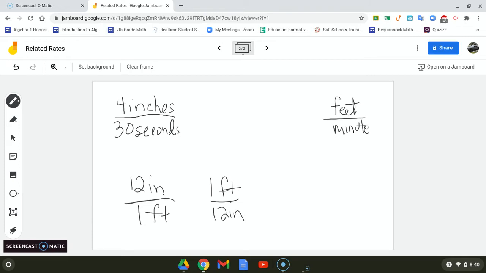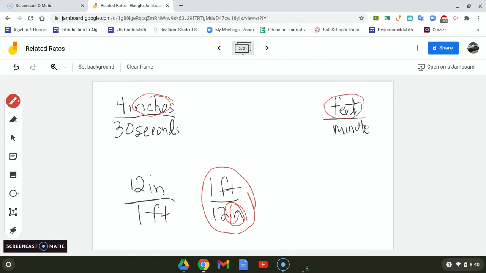Well, when we look at our original problem, we can see that we need to get feet up here on the top. So that tells you we're going to have to use this one. The other benefit is that the inches are here on the bottom, and that'll cancel nicely with the inches over here. So that's going to be the one that we have to use.